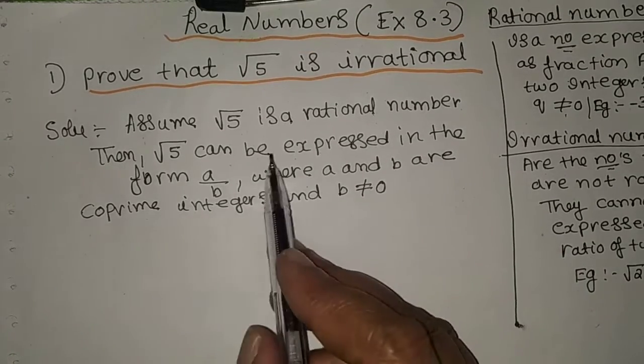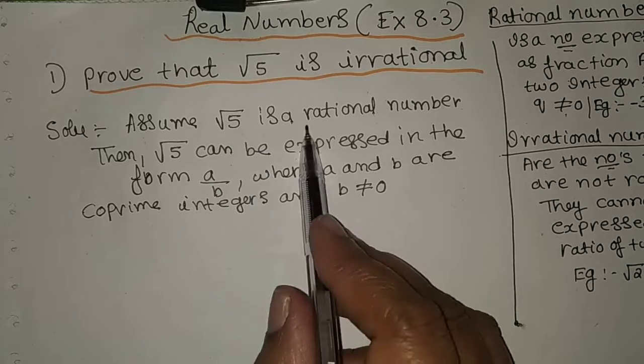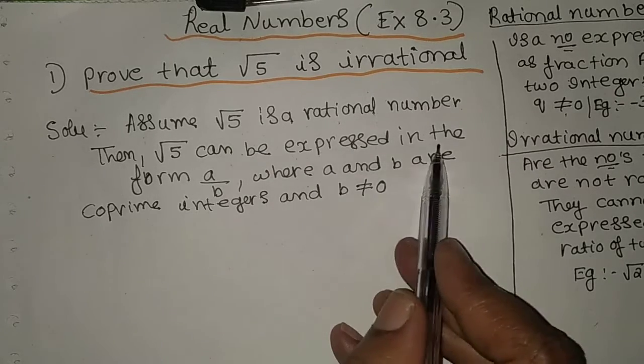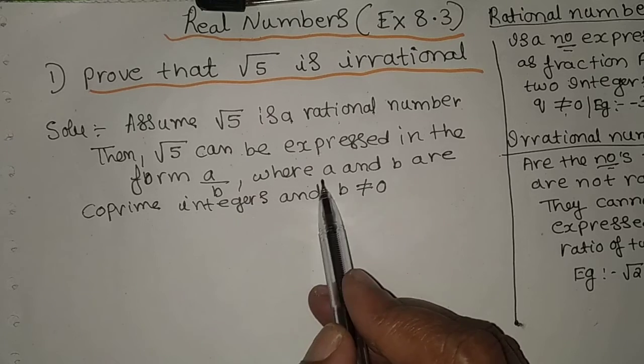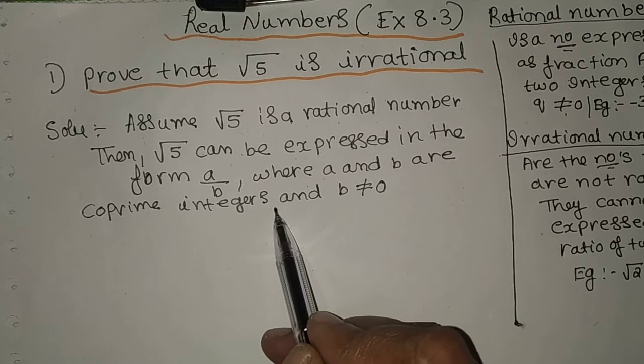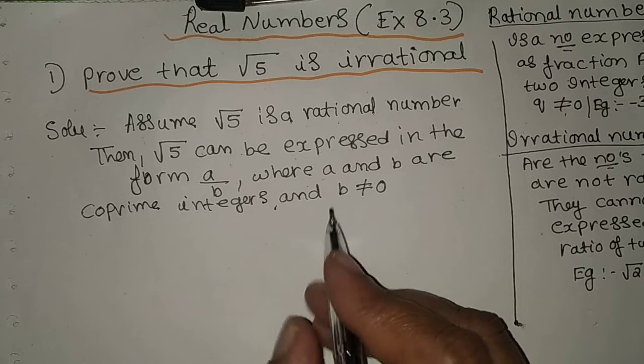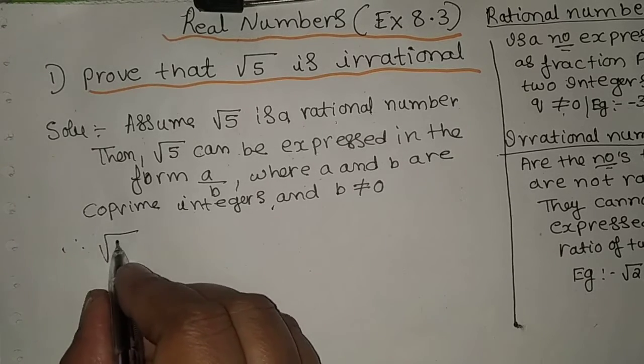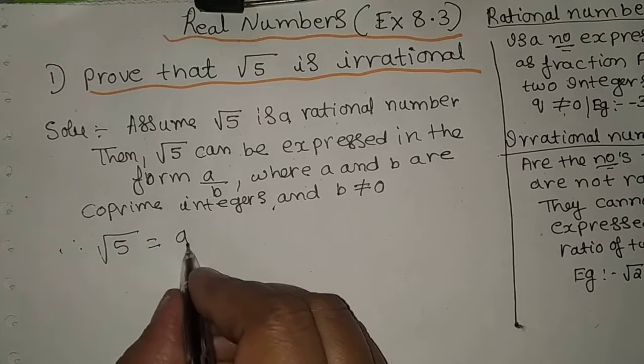So we are assuming this as a rational number, and then root 5 can be expressed in the form a by b, where a and b are co-prime integers and b not equal to 0. So next step, root 5 is equal to a by b.